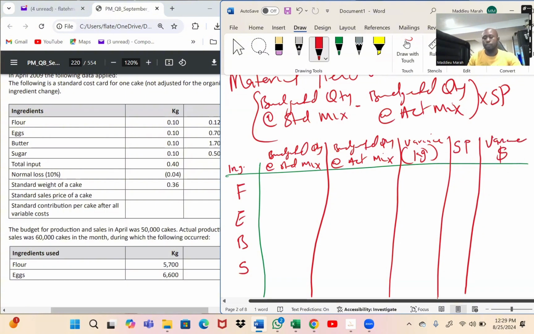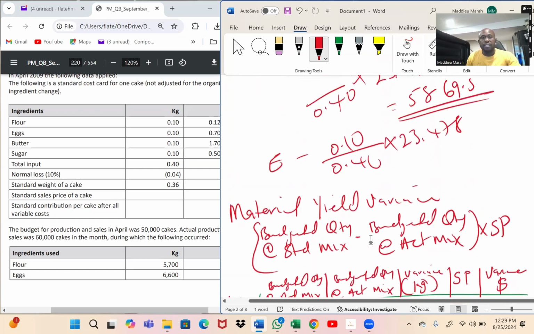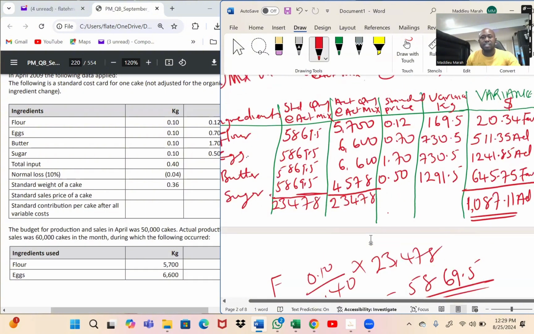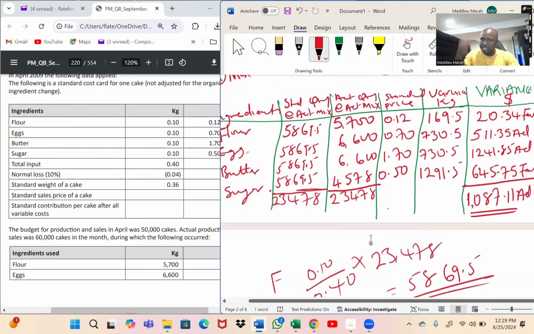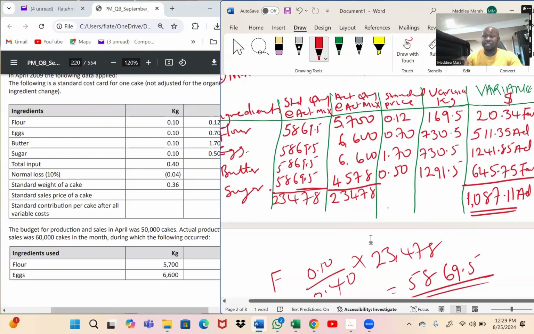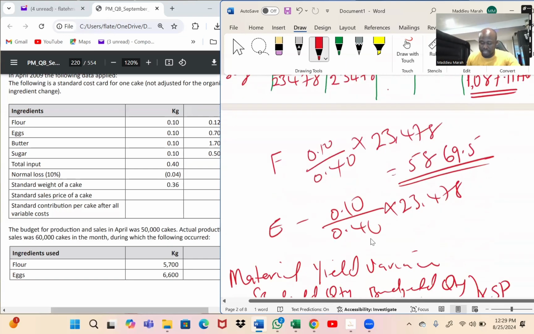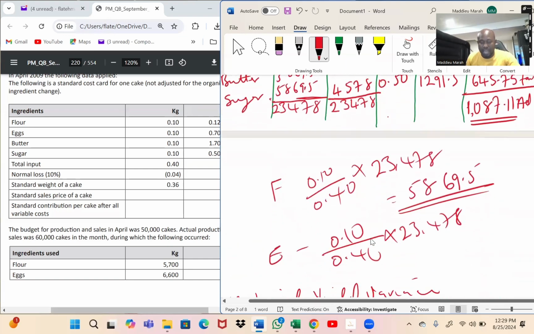This is my table. Because I have calculated the first one, I have the answer already, which is 5869.5, my standard quantity at actual mix, and it's the same for all of them. I'll just bring this answer, 5869.5.